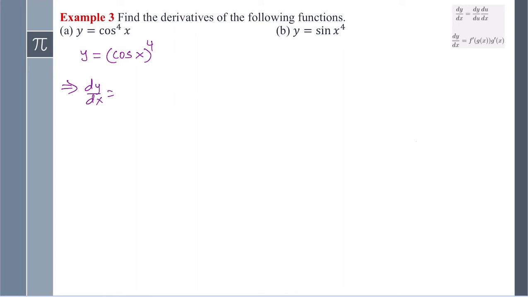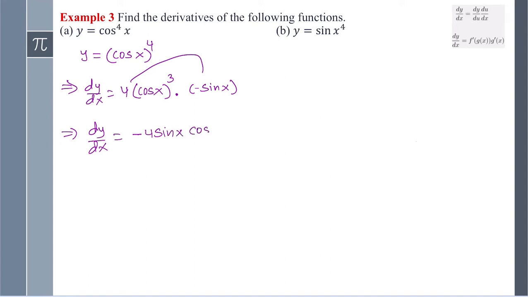The derivative of the outer function raised to the 4th becomes 4 times whatever that is raised to the third, and this is cosine x. Now we need to find the derivative of the inside function, and the derivative of cosine x is negative sine x. Now if we clean this up, dy over dx equals negative 4 sine x times cosine cubed x. We can write it this way.